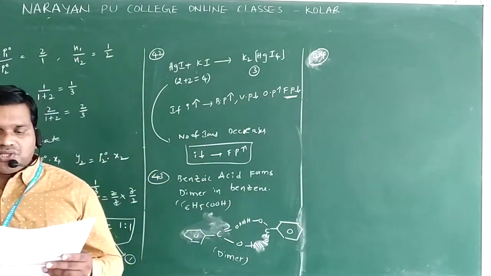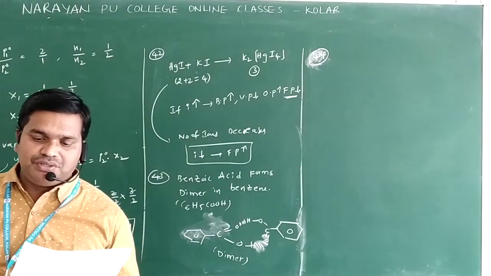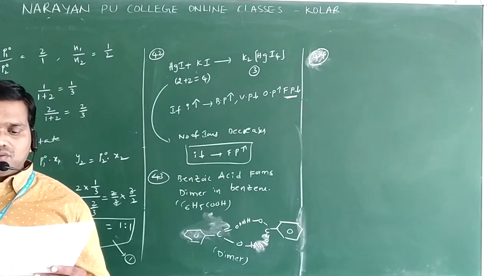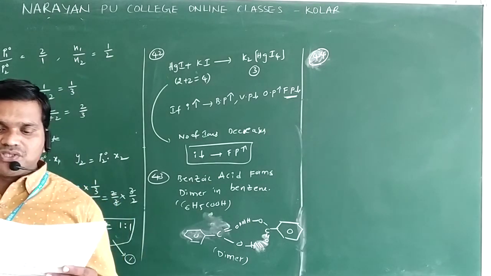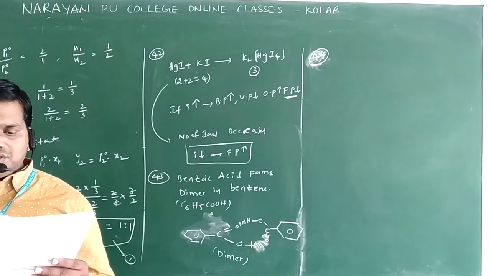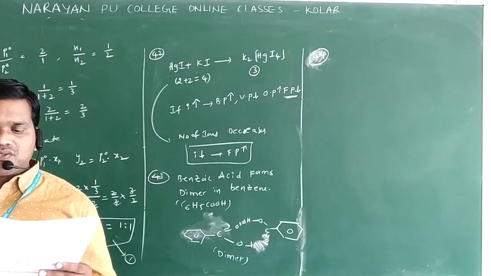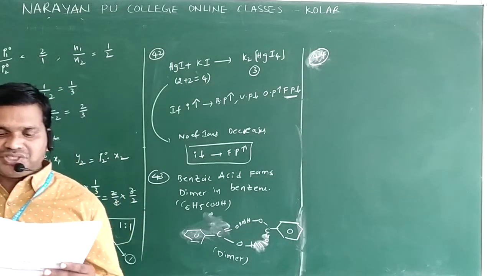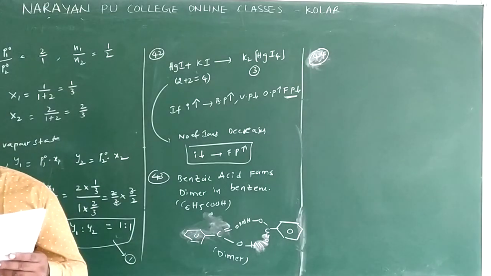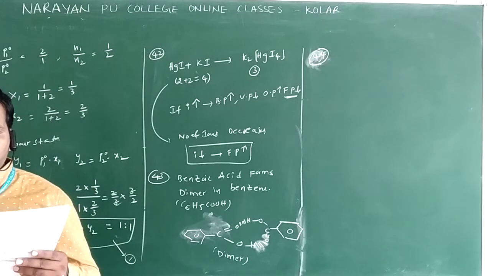The vapor pressure of a solvent decreases by 10 mm of Hg when a non-volatile solute is added to a volatile solvent. The mole fraction of the solute in the solution is 0.2. What should be the mole fraction of the solvent if the decrease in vapor pressure is to be 20 mm of Hg?